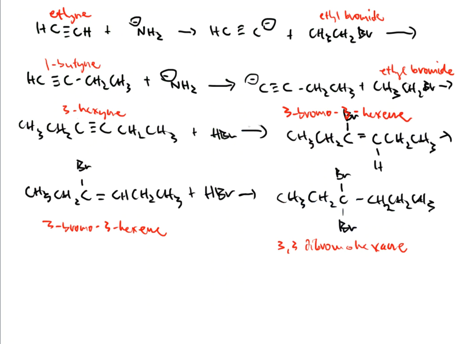All right, so clear the screen. I'm going to take my starting reagent, which is acetylene again, or ethyne. I'm going to react it with NH2-, and this time I'm just going to write the alkyl bromide on the arrow. I'm not going to separate them.